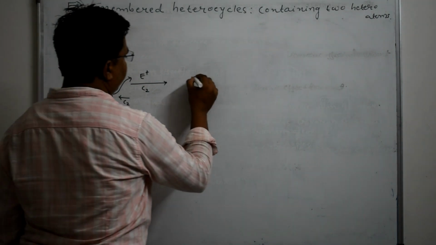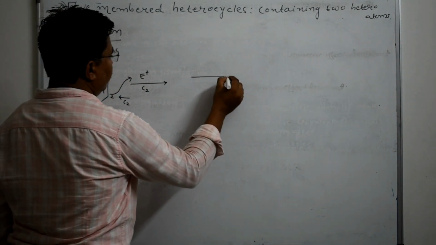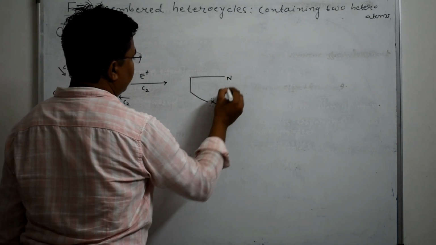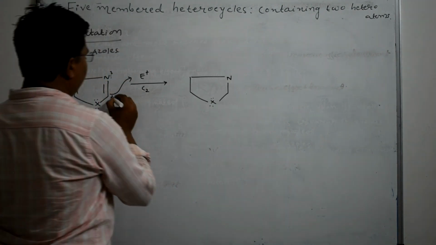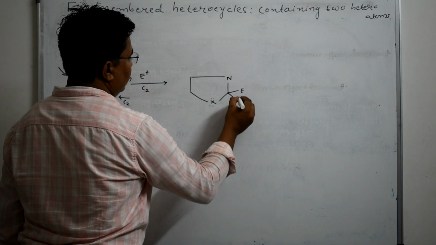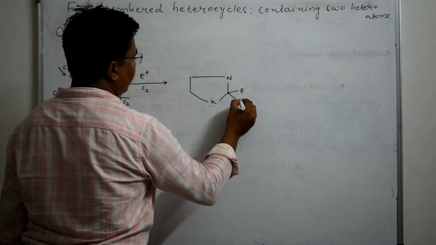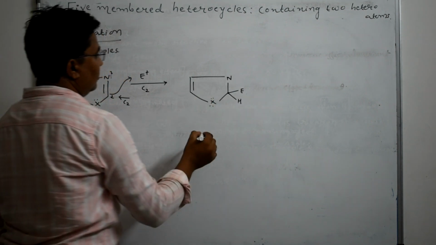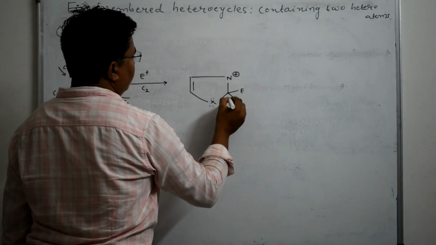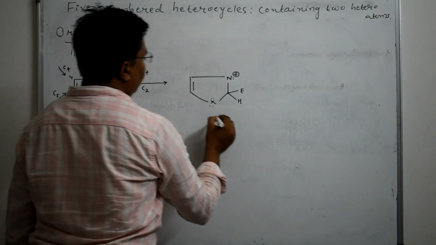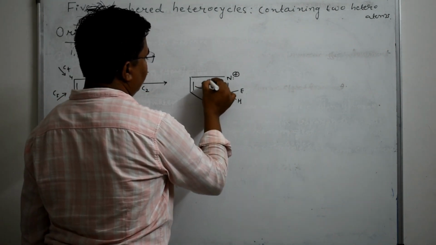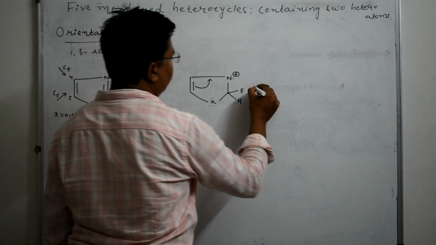Let us draw a resonating structure for it. Here we have nitrogen, X. The electrophile has attacked this position. So here nitrogen will become positively charged. Now in the very next step, this electron will be transferred over here.